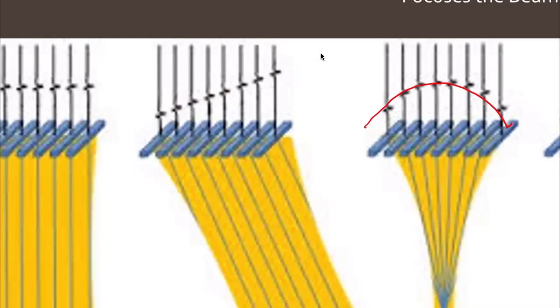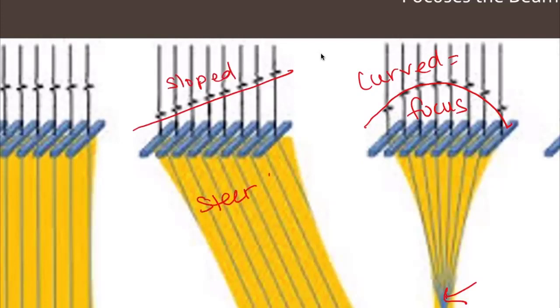A curved pattern, so this is curved, will focus the beam. That's why it looks like it's coming to a focus right here. A sloped pattern, and this is sloped, will steer the beam. Steer, sweep, or scan, these are all AKAs, and that's why it looks like it's being pushed into a direction.